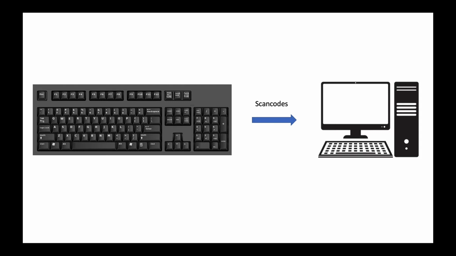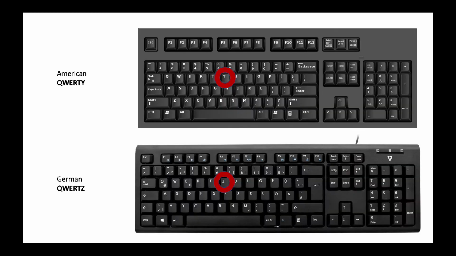For example, if you press the letter A, your keyboard doesn't actually send the letter A. It sends a scan code to your computer, and your computer is going to take that and translate it into the letter A. Now, when we compare two different keyboards, like the American keyboard and the German keyboard, you see that in the American keyboard you have Y here at the top, but in the German keyboard you have Z. And so if you configure your computer to read from a German keyboard, but you actually have an American keyboard, if you press the letter Y, your computer is going to translate that into Z. So you see that there is some ambiguity here, because pressing a key in the same position in two different keyboards might result in two different letters.